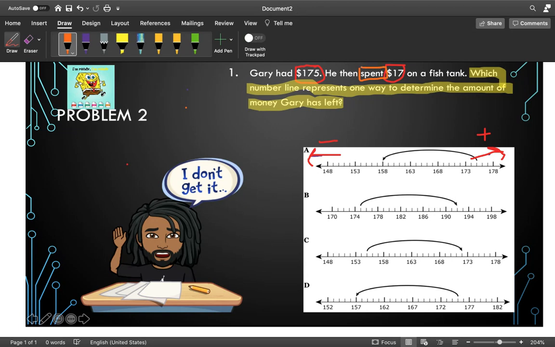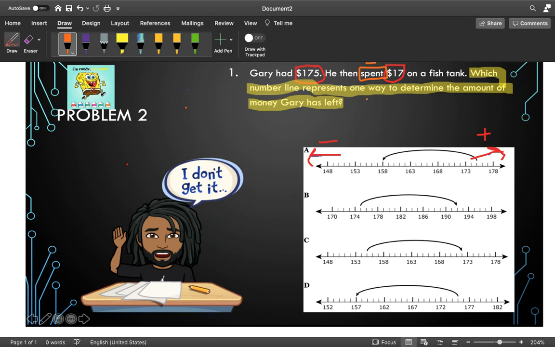Think about it. If you go to the store and you have to get that new video game for the PS5 or whatever, and you have to spend money, are you receiving money or are you losing it? Correct. It's going away from you, you're losing it. So if it's leaving you, the operation is going to be what? Subtraction, correct. So he spent 17 on a fish tank.